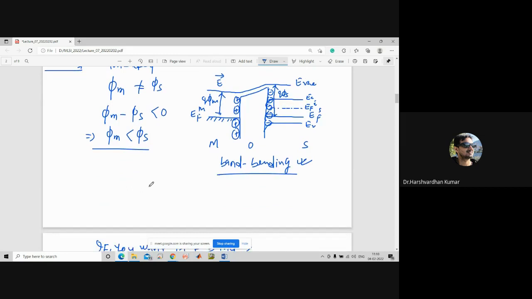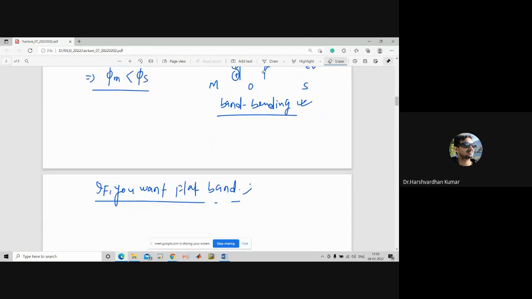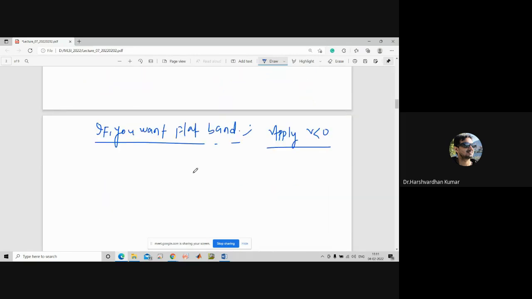Because we know very well, if you remember, in the ideal case the band bending was like that. This is EV, this is EI, and this is EC. If you want the flat band for this case, you will have to apply a negative voltage, that is V less than 0.